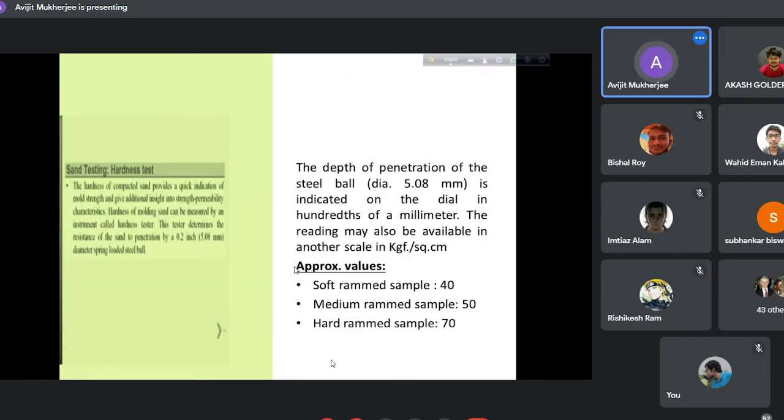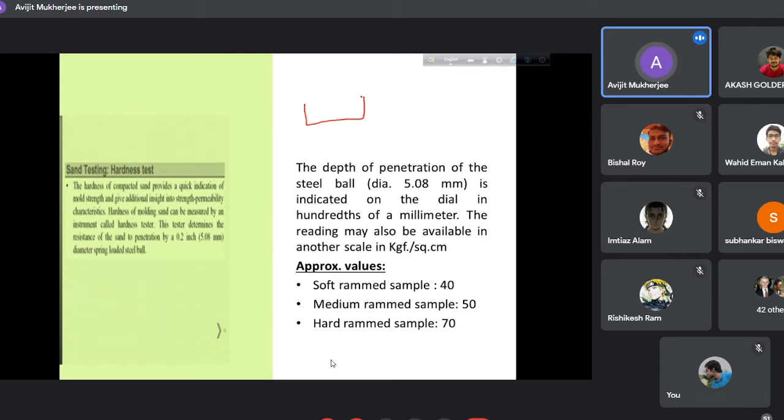So the next test is the hardness test, that will give you the strength. Hardness is a simple thing, because you also know how the hardness of metals is tested in a laboratory using a hardness testing machine. It gives you the measure of indentation.